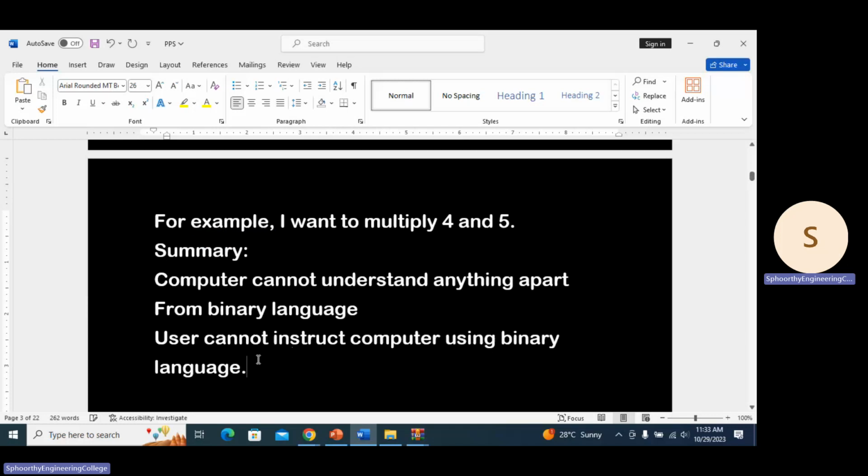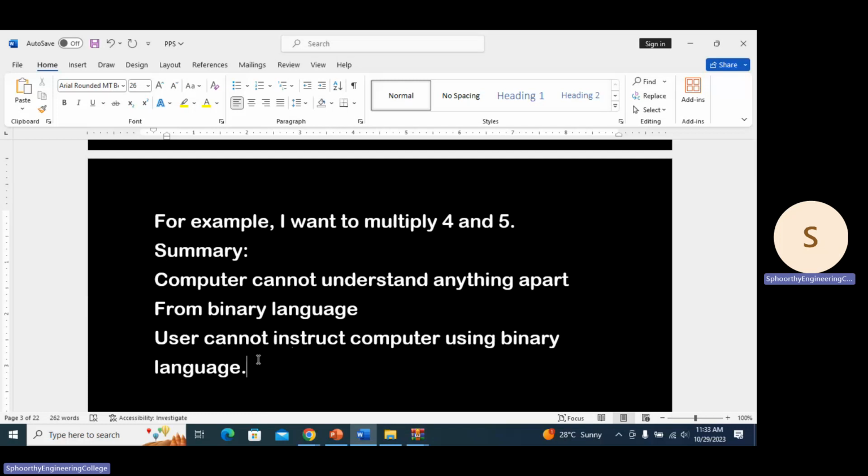We wanted to use computer, but in order to use computer, I should talk to computer in binary language, which is very, very difficult for us. And computer can't understand anything apart from binary language. So what should I do? I can't learn binary codes, and I don't want to use binary language, but computer doesn't understand anything apart from binary language. So this is a problem here.